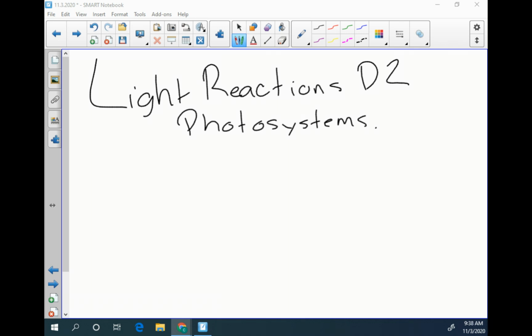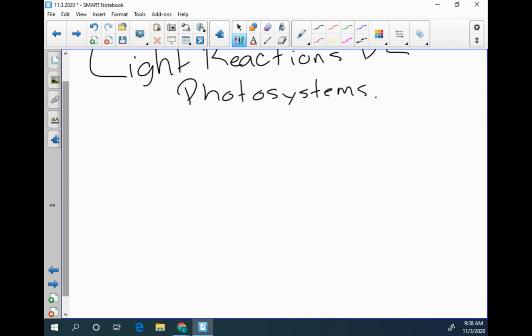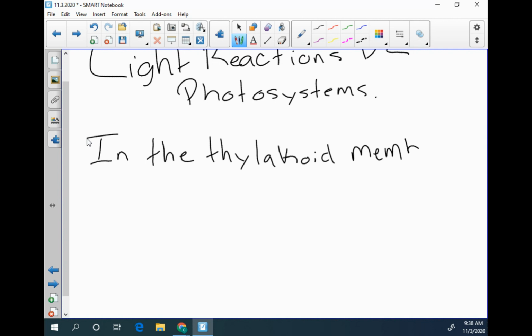We are moving into a more realized idea of photosynthesis. So in the thylakoid membrane is where we are starting. Remember that the thylakoid membrane is that kind of internal stack of membranes inside of chloroplasts.